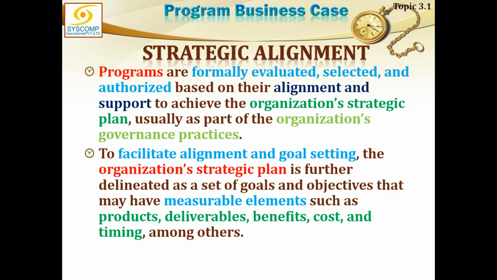So organization strategy could say that until and unless you fulfill these basic requirements, I will not allow you to work alone. To facilitate alignment and goal setting, the organization's strategic plan is further delineated as a set of goals and objectives that may have measurable elements such as product deliverable, benefit, tool, and technique.